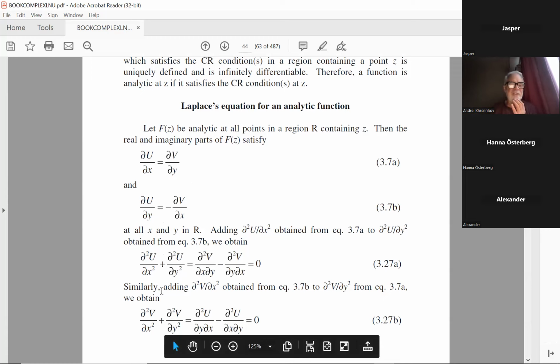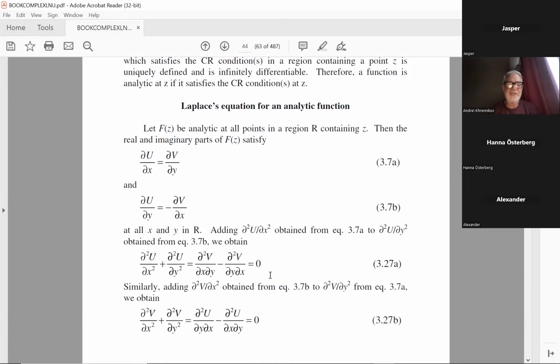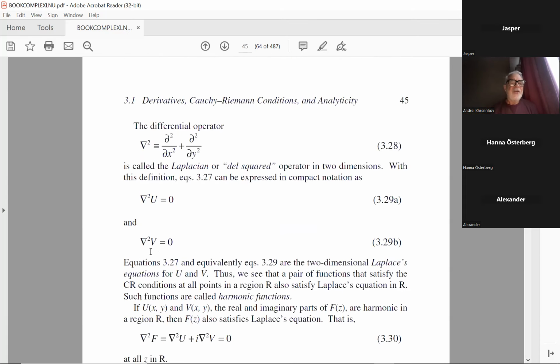This equation, this sum of second derivatives equal to 0, is called the Laplace equation. And this differential operator, partial d square dx square plus d square dy square, is called the Laplace operator. In physics, they like the operator nabla. Unfortunately, the author did not write this operator. This operator is just a vector of partial derivatives.